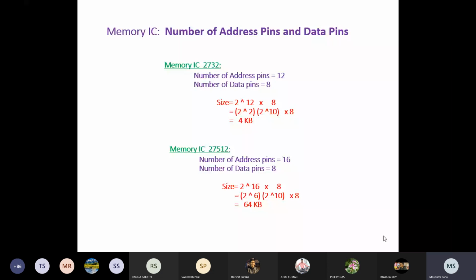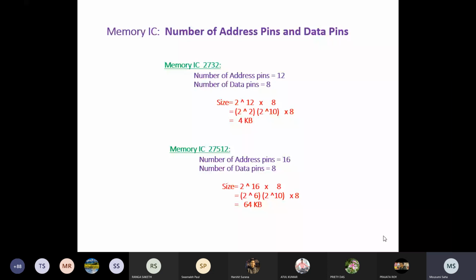One address can store 8-bit data, and you can have 2 to the power 12 address spaces. With 12 bits, how many combinations are possible? 2 to the power 12 combinations, so 2 to the power 12 addresses. One address can store 8 bits, so 2 to the power 12 addresses can store 2 to the power 12 into 8 bits. So size equals 2 to the power 12 into 8.